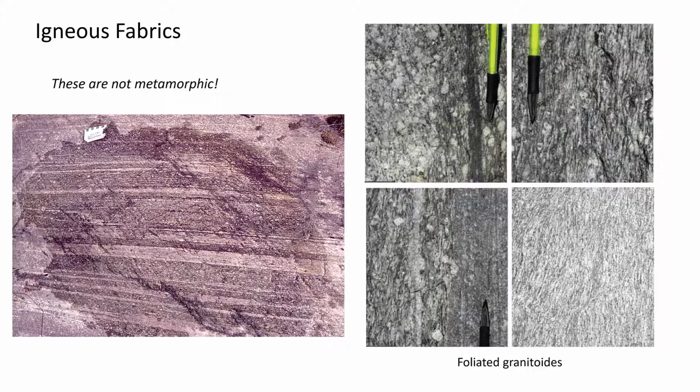Finally, we have igneous fabrics, and these are not metamorphic. We'll talk quite a lot about fabrics, and I've already mentioned foliations and metamorphic rocks, but planar structures can also occur in igneous and sedimentary rock types. So these ones here are not metamorphic. They're formed during the formation of the rock.